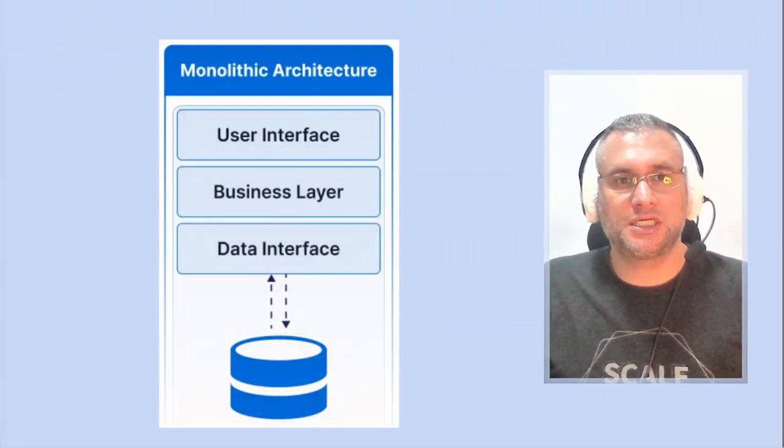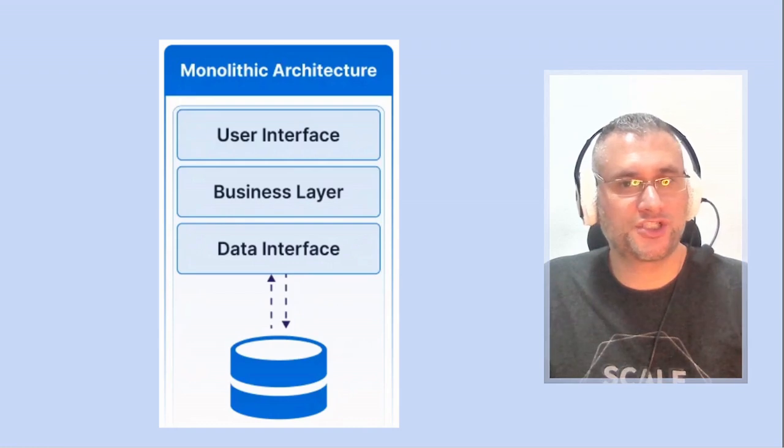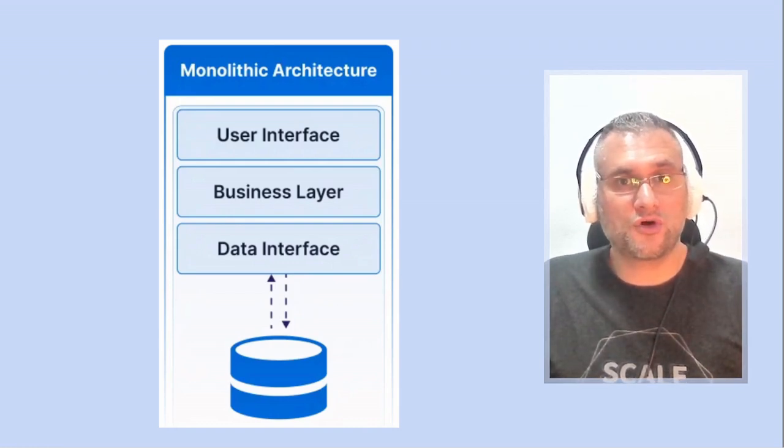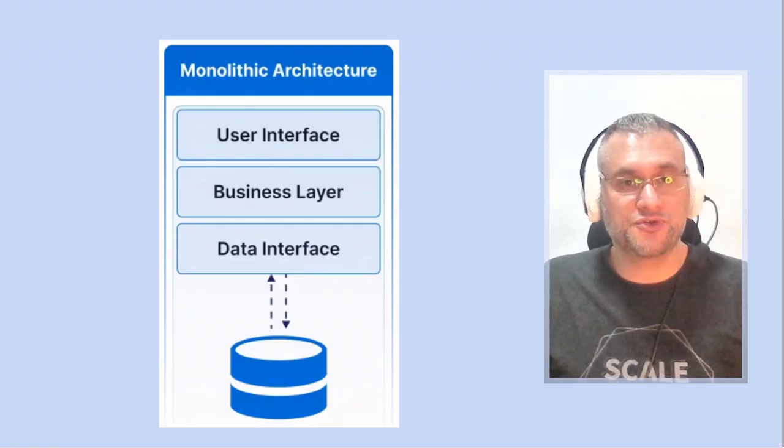The monolithic architecture is probably the most known architecture pattern in the software industry. In this architecture, you have all your components in the same place. For example, you have the user interface, business layer, and data access in the same place.